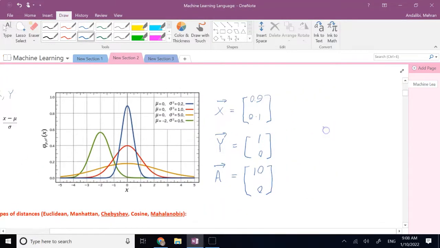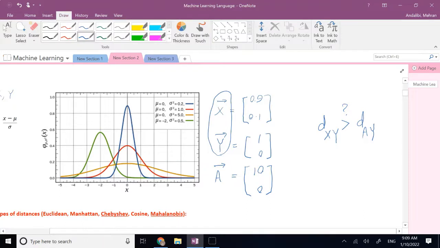I want to find the distance of x and y, and the distance of a and y, and see which one is bigger. Well, of course, just looking at the numbers, you can say x and y are closer, so x and y should belong to the same class, not a and y. Of course, because these numbers are less than 1 and 1, and this number is 10.